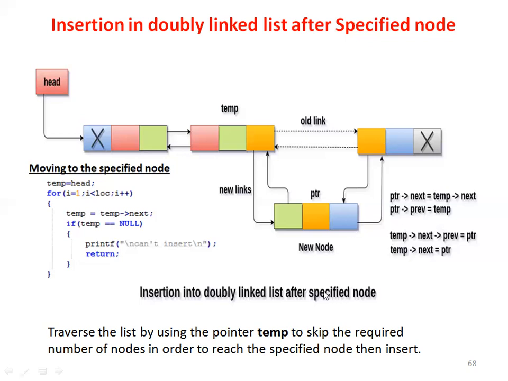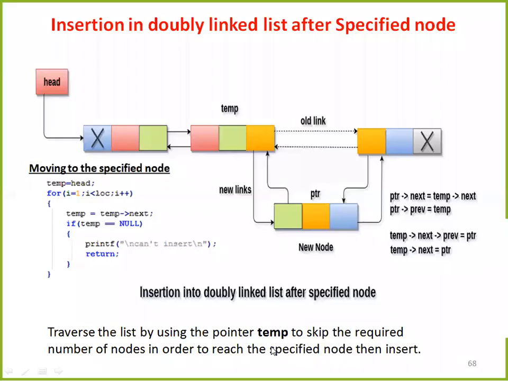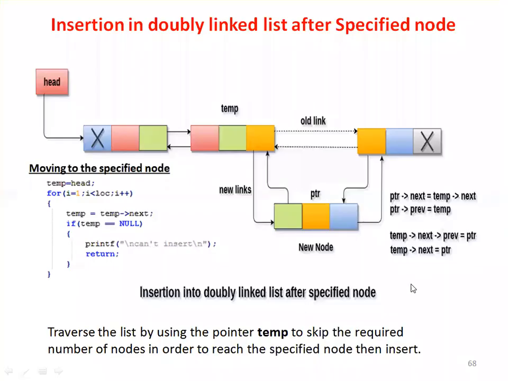We have to store the address of this node in this field, so that this node can point to this node. Similarly, we have to store the address of this node in this previous field, so that this node can point to the previous node.